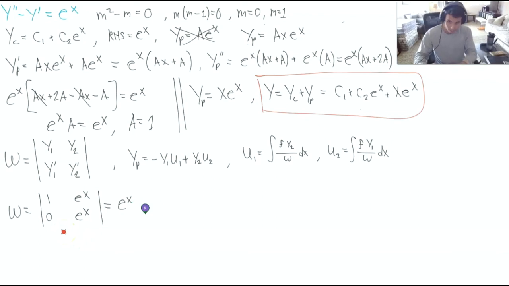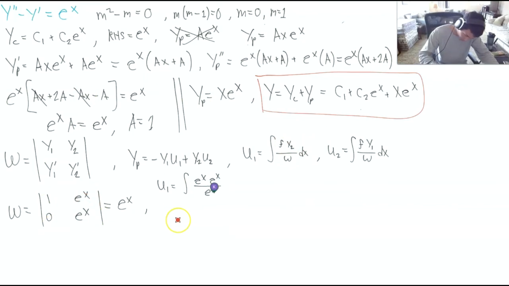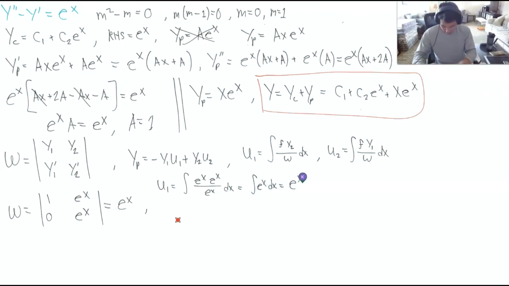Okay, so then you could now say that u1, and remember f is this, so it'd be e to the x times e to the x, because that's y2, all divided by e to the x dx, which is e to the x. u2 is going to be the integral.